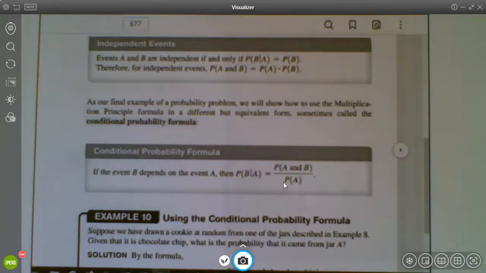When it comes to the numerator, the probability of A and B, well, just think about this logically for a minute. I'm asking the probability of B happening, so naturally that has to be a part of it. But now I also know the condition of A happening. So whatever goes on top, my desired outcome, has to be true about both.